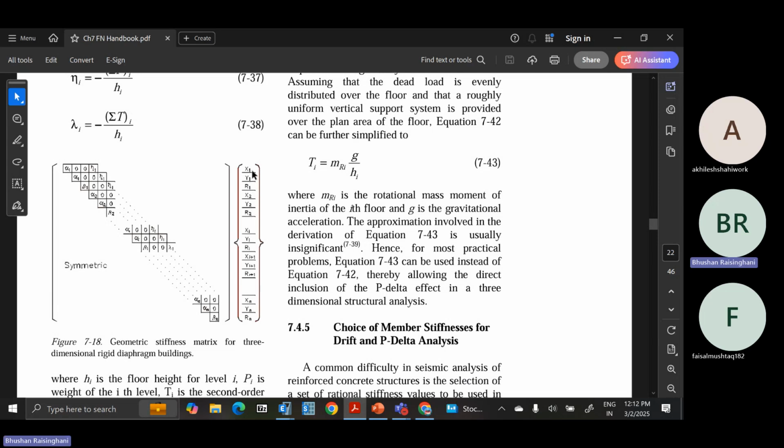So rotation and x1 y1 displacement in 1 and x2 y2 r2, that is displacement and rotation. So this is xi yi ri, xi plus 1 yi plus 1 ri plus 1. So this is from member 1 to member 2 and then all other members. So this way it will keep on adding and the total matrix will get generated.